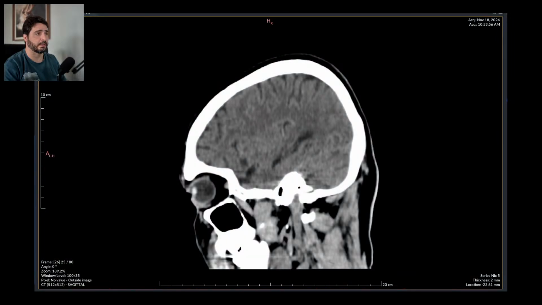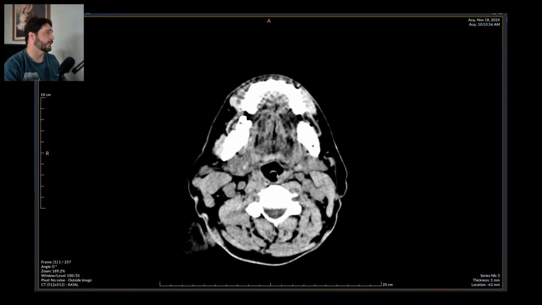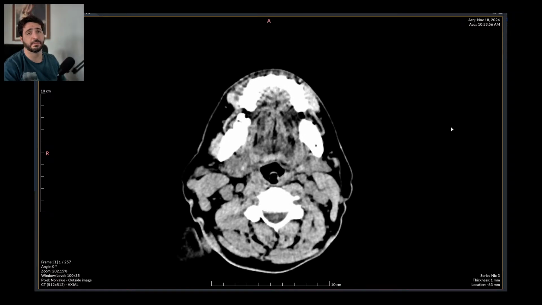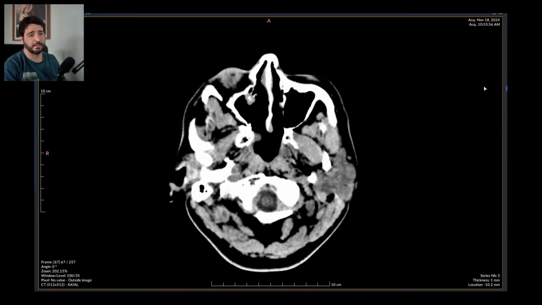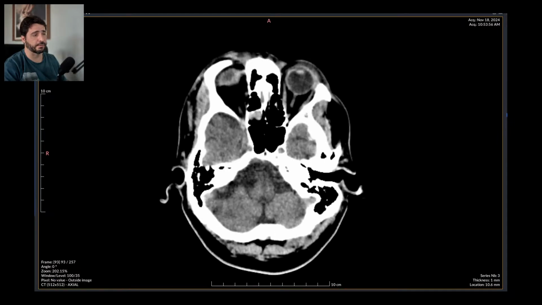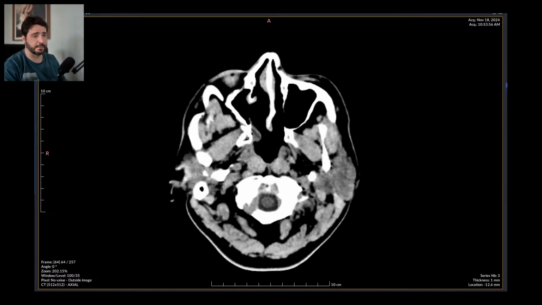So I have a CT scan, a brain CT scan here. It's a 53-year-old patient, and it says he had a seizure. So let's go for epilepsy on a CT scan. No contrast enhancement, just plain old guesswork. Let's see if we can see anything.